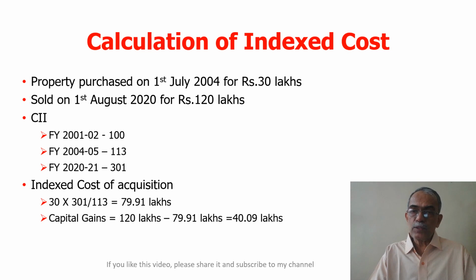And capital gains would be 120 lakhs minus 79.91 lakhs, that's 40.09 lakhs. Friends, look at this. Suppose indexed cost of acquisition was not there. If I simply take the cost of acquisition, the cost will be only 30 lakhs and capital gains would be 90 lakhs. So to help the taxpayers, this concept has come in.